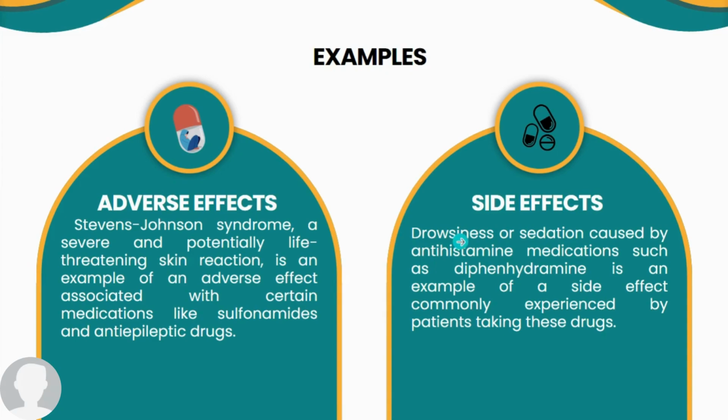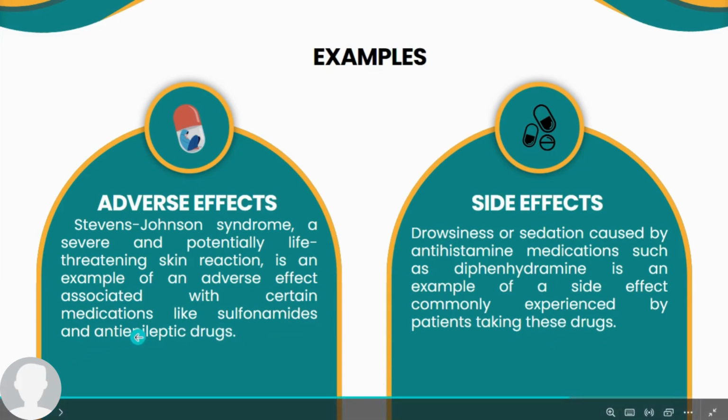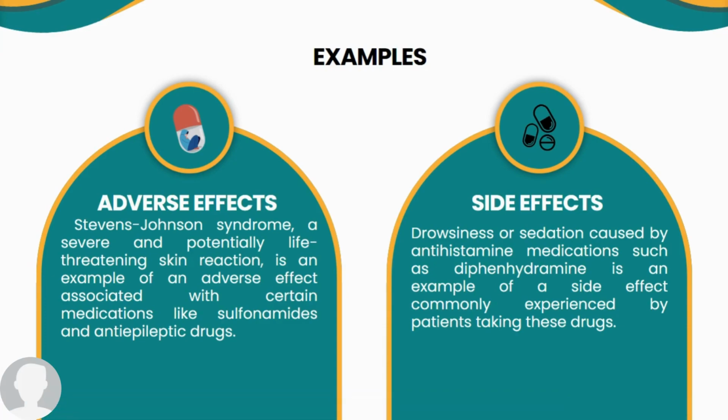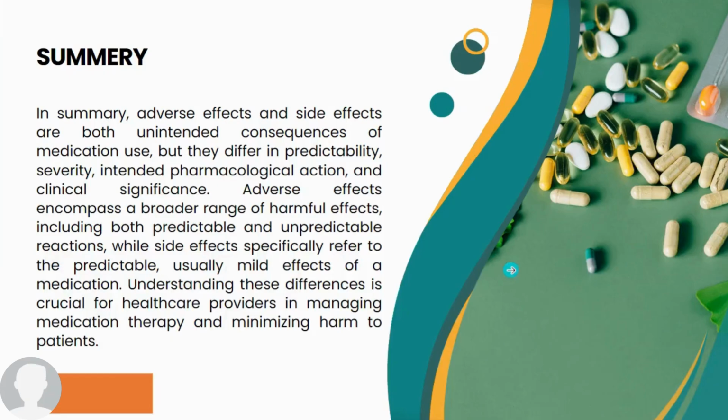Side effect: drowsiness or sedation caused by antihistamine medications such as diphenhydramine is an example of side effect commonly experienced by patients taking these drugs. Remember that the anti-epileptic drug lamotrigine is the one having the adverse effect of SJ syndrome, while side effect is common with many drugs like antihistamines.